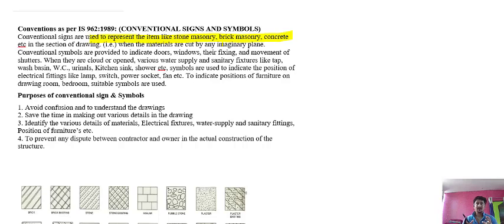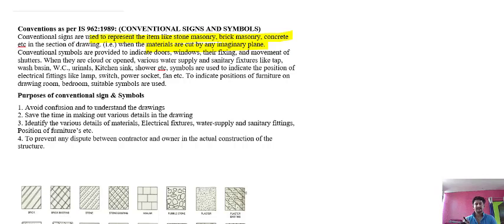So by what symbol do we need to show whether it is brick masonry, stone masonry or concrete? We need to represent that with a symbol. How will we indicate it in a drawing? By using a symbol. When the materials are cut by an imaginary plane, suppose you have made some building drawing, and you are cutting a section in that drawing, you need to indicate which material you have used.